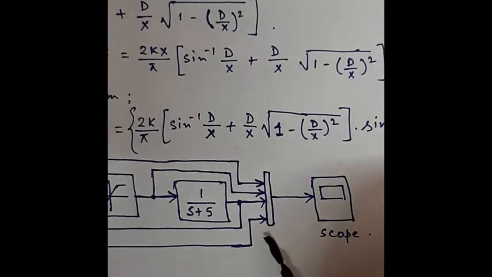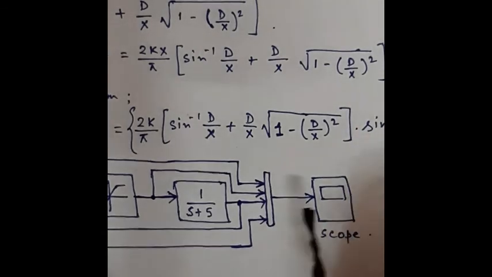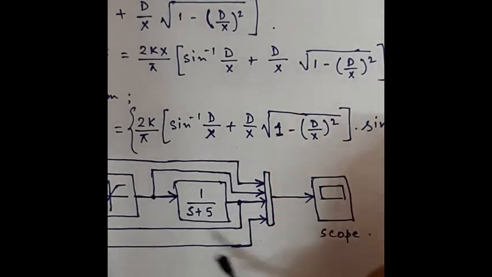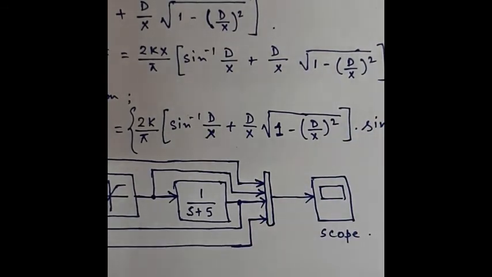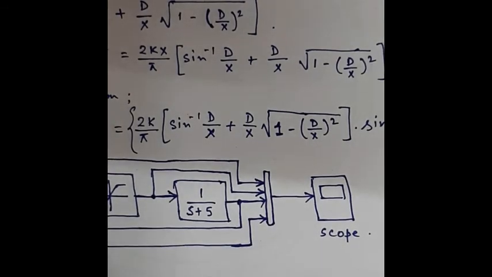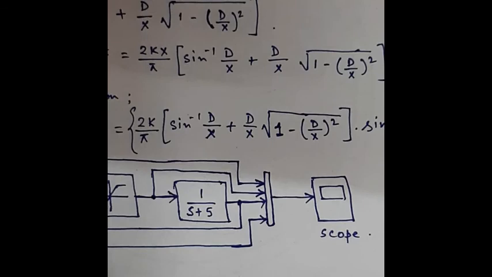Here we consider 4 inputs and 1 output to observe all the signals of the system, such as the input signal, output signal, error signal and the nonlinear signal. In this way, we can easily observe these 4 types of signals in one output block.